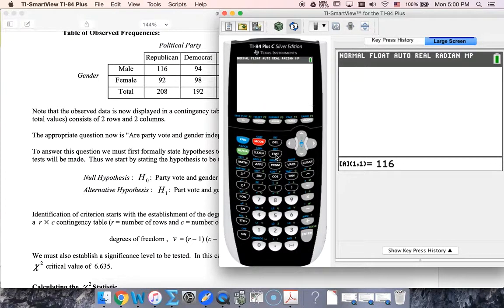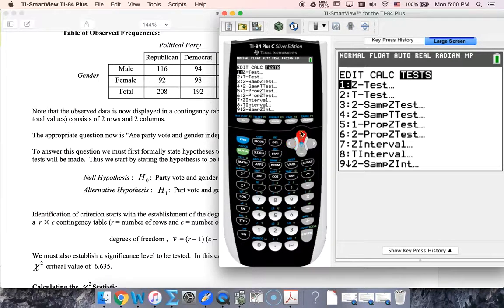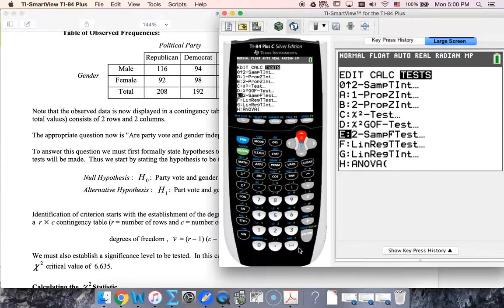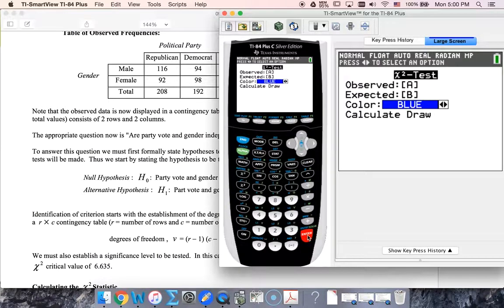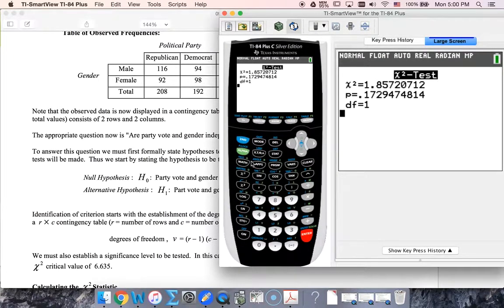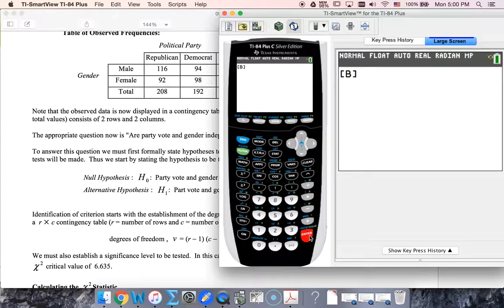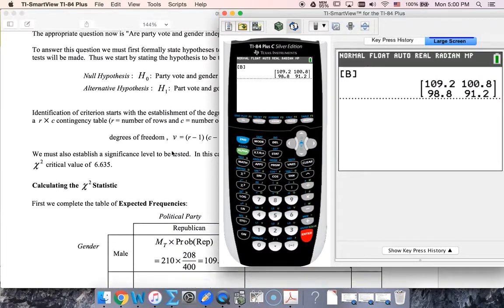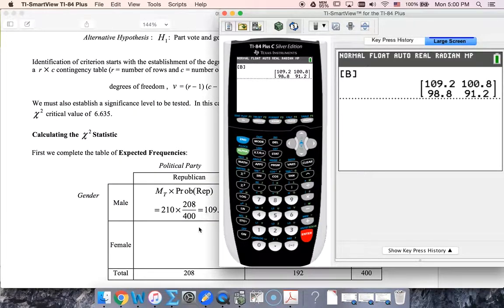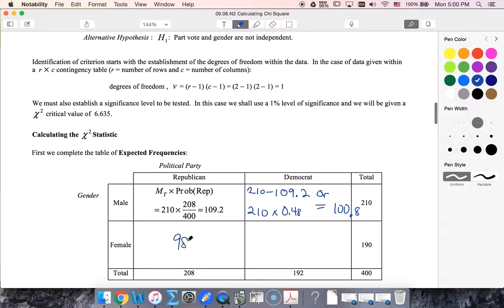Then if I calculate my chi-squared test and go back into my matrix, I can see my expected values in B, and I get the same thing that I get when I calculate it by hand. So 98.8 and then 91.2 is the value that would end up over here.